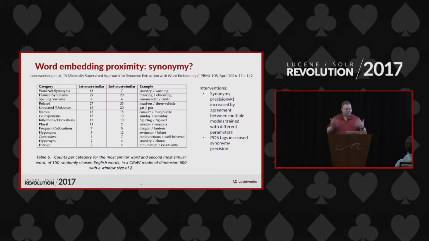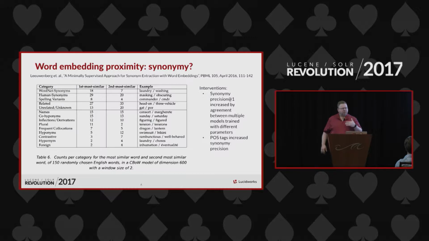So anyway, what I'm driving at here is that using similarity between word embedding vectors isn't necessarily going to perfectly align with a conceptual search. Over there on the right, I list some things they tried to do to improve the situation.